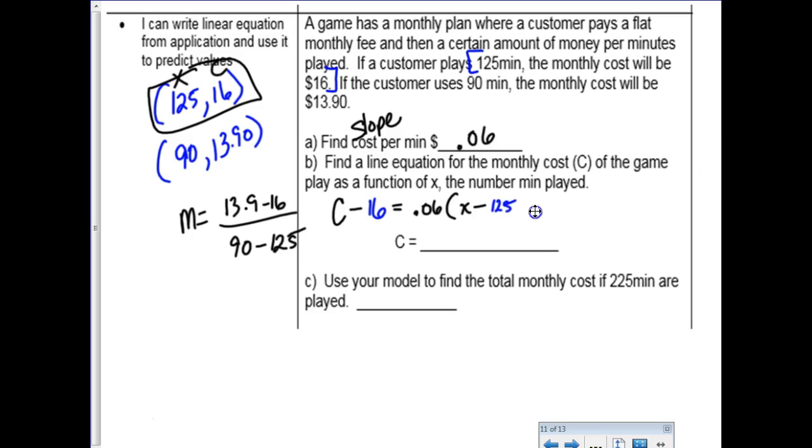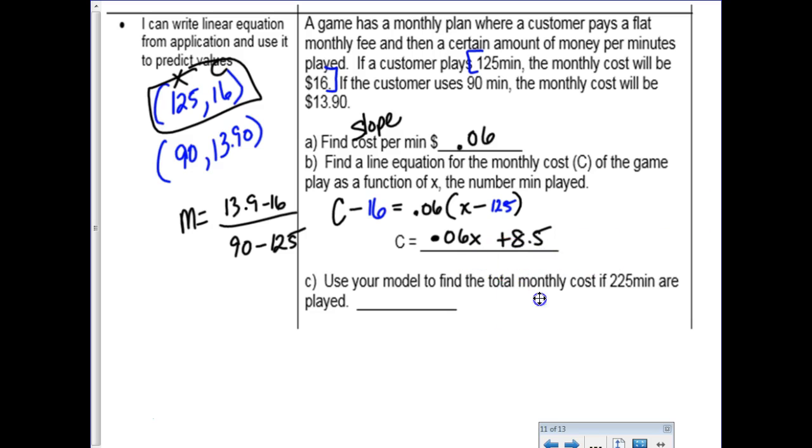Okay, so you've got to do a little bit of work here. They want you to get it in c equals form. So distribute the 0.06 and then add the 16. So you do that in 2 steps, of course, but I'm going to skip ahead a little bit, and I get 0.06x plus 8.5. So monthly fee of $8.50 and then 6 cents per minute.